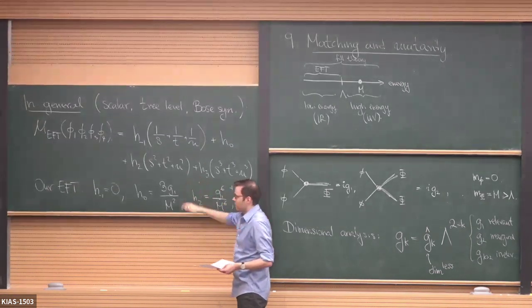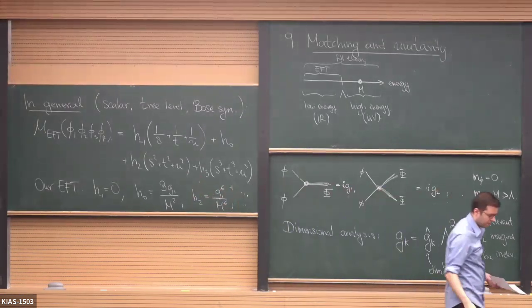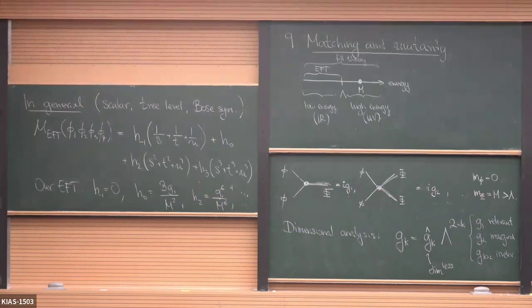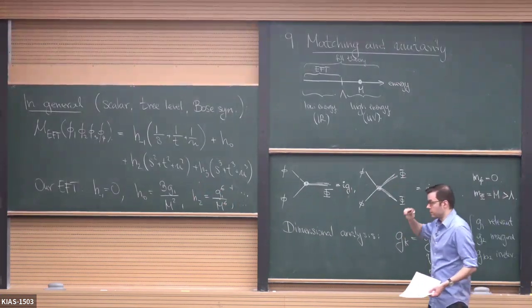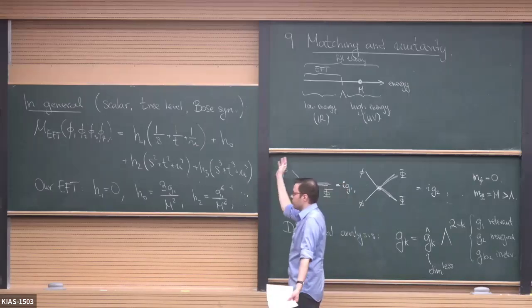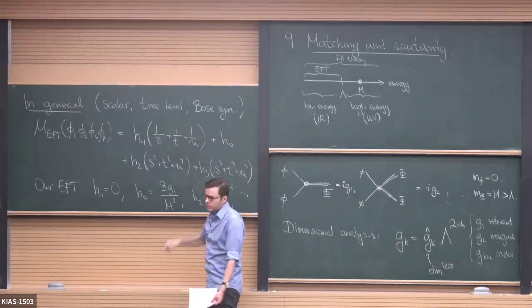This is the general philosophy of effective field theory: in the traditional formulation, you would write down the Lagrangian with all possible couplings that are consistent with all the symmetries that you impose on the problem. This is just the amplitudes version of that, in which you write the most general ansatz for the amplitude, provided that it's scalar, tree level, and Bose symmetric.